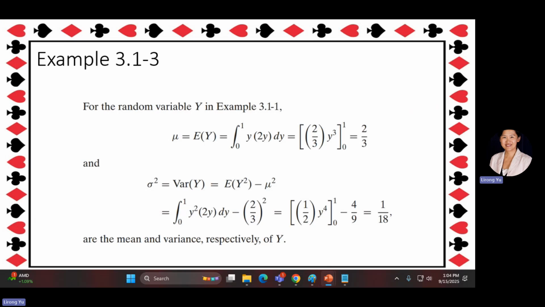We plug in 0 and 1, and we get 2 thirds, which would be the mean. The variance calculation is E of y squared minus the mean squared. The mean is 2 thirds, so it's 2 thirds squared. E of y squared is you take y squared times 2y and you integrate from there. This is really following the definition. Any questions? We're just getting used to how to handle the calculation of mean and variance using the formulas we defined in this section.